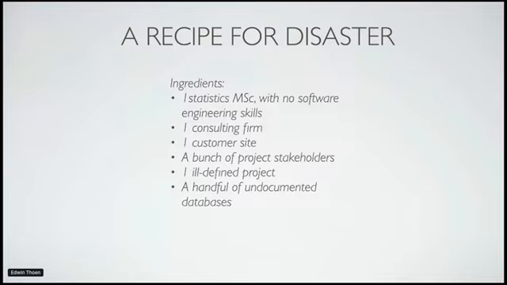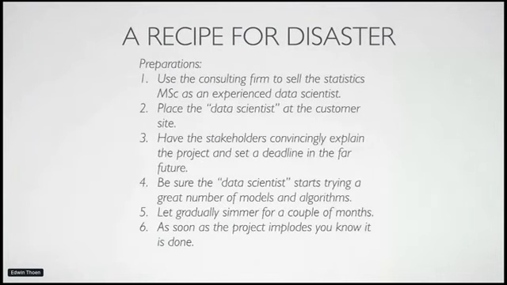The preparations are: use the consulting firm to sell the statistics master as an experienced data scientist, place the data scientist at the customer site, have the stakeholders convincingly explain the project and set a deadline in the far future. Be sure the data scientist starts trying a great number of models and algorithms that gradually simmer for a couple of months, and as soon as the project implodes, you know it is done.